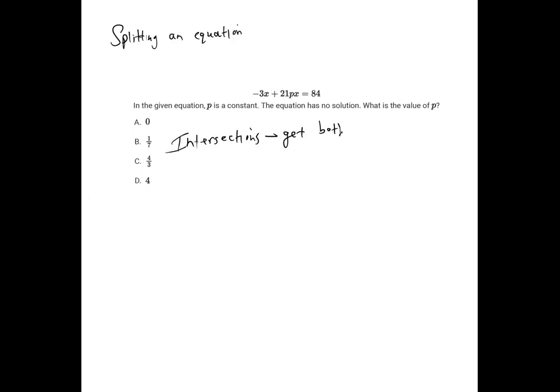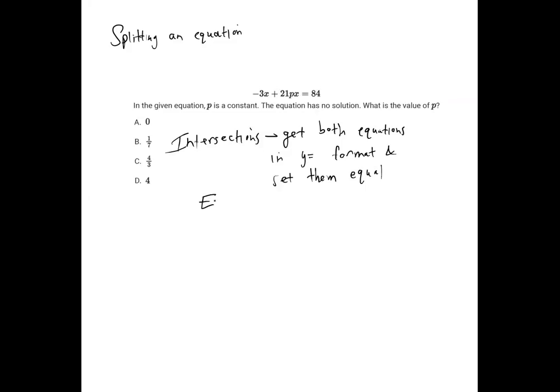If I'm being asked for the intersection of two functions, I'm going to get both of the equations in the y equals format, and then I'm going to set them equal.